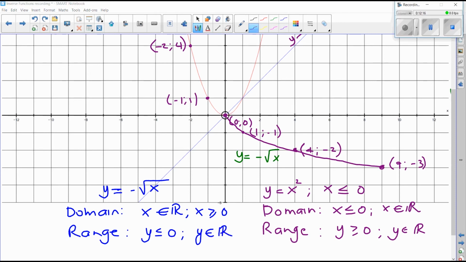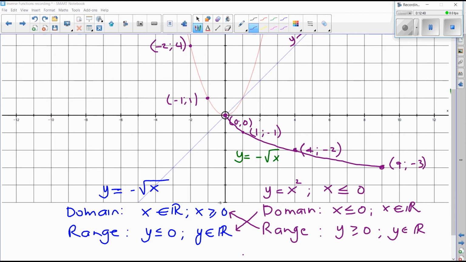So once again, we see the relationship between the domain and the range of the original graph and its inverse. The domain of f of x has the same values as the range of the inverse function. And the range of your original graph f of x has the same values as the domain of the inverse function.